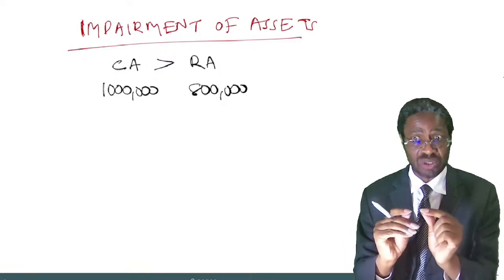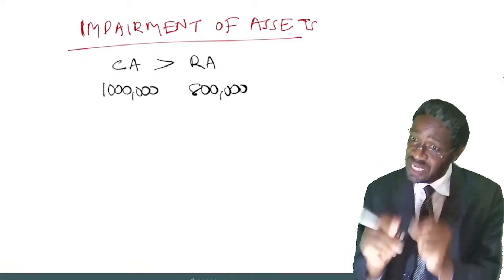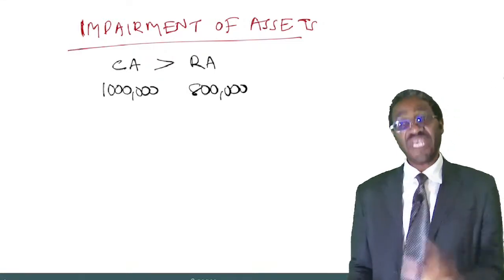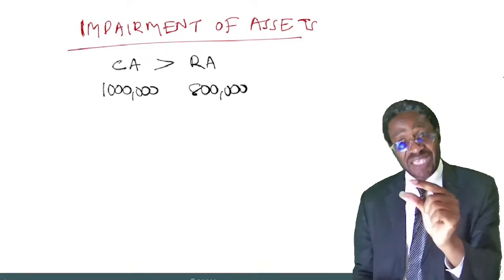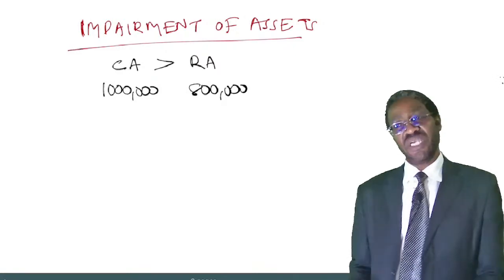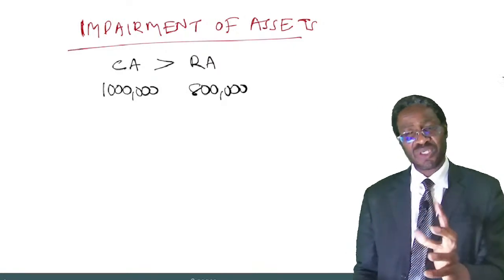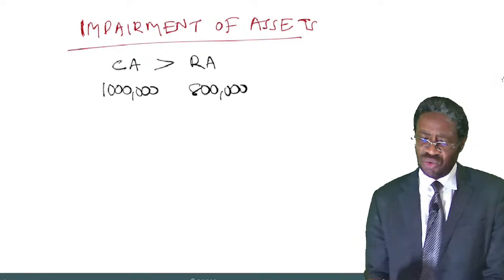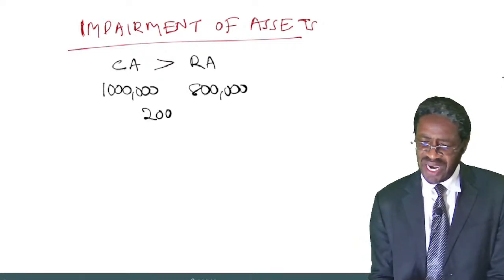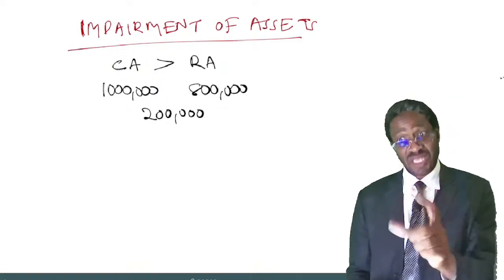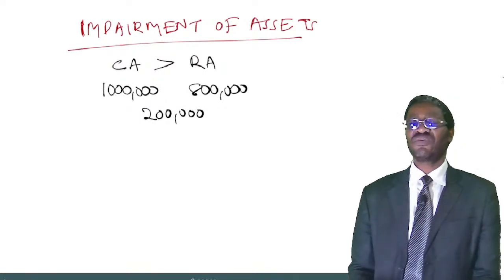That is the condition. So in this case, you can conclude that the asset has suffered an impairment loss of how much? 200,000. Good. Now we continue.